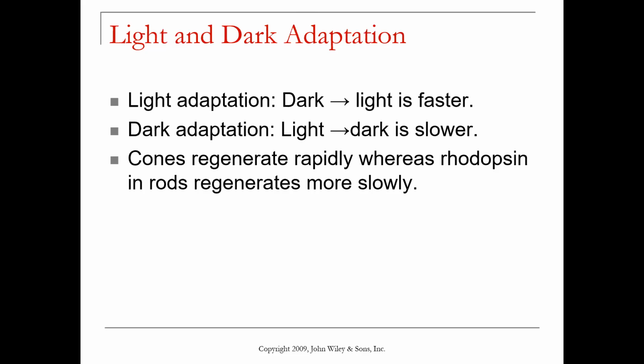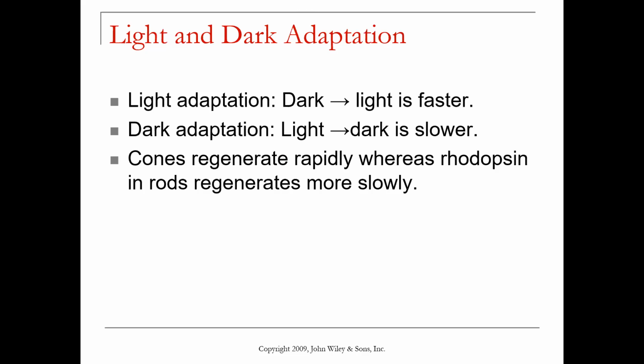We adapt slower. To go from bright light to darkness takes more time. The rods will become activated in dim light slowly. There's an optic pigment called rhodopsin that shows up in the rods that takes time to regenerate, to become functional.